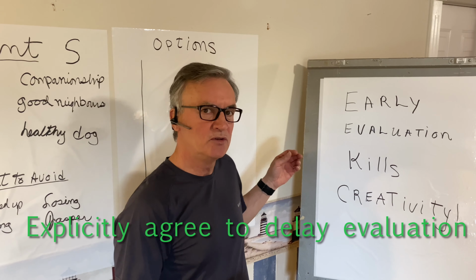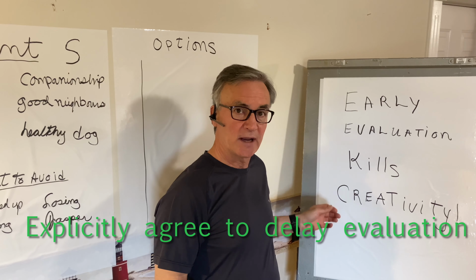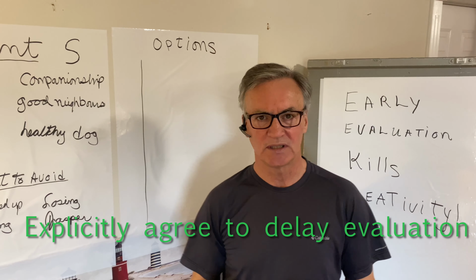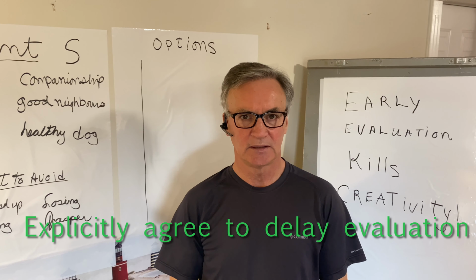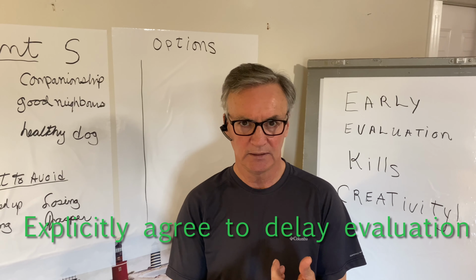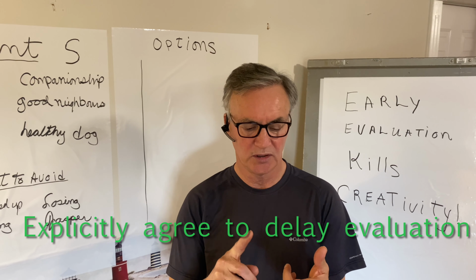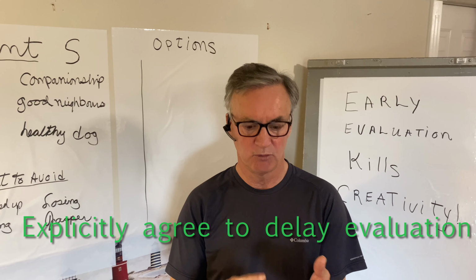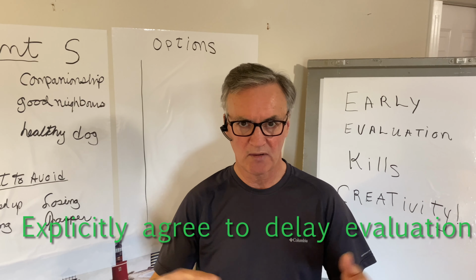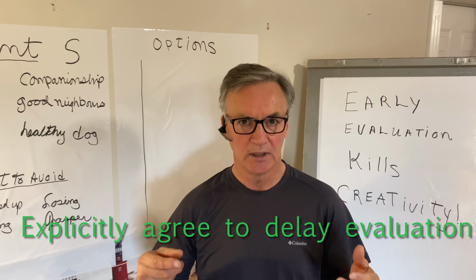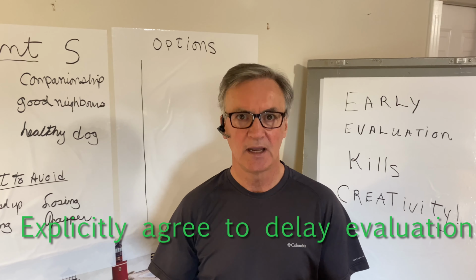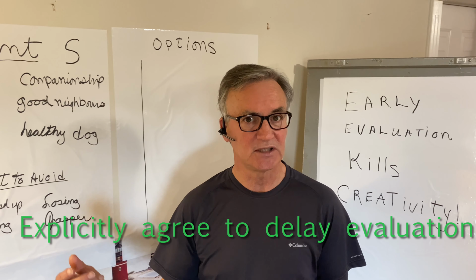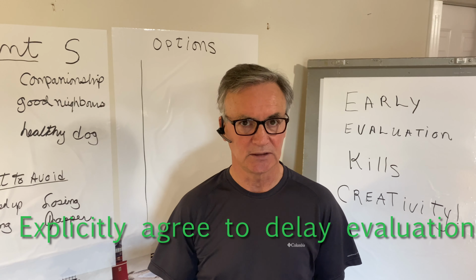So how do you do brainstorming and respect this principle? You do it by having an agreement at the outset. The agreement is we're not going to explain our ideas, we're not going to ask questions, we're not going to justify, we're not going to defend, we're just going to throw out everything that we could possibly think of as ideas, and then we'll come back and we'll evaluate them at step 6 when we go to select solutions.